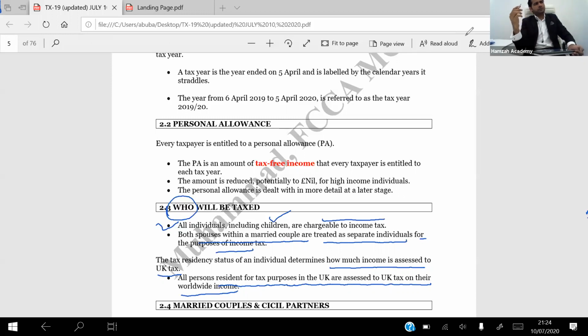But let me tell you why children have to pay tax. Remember I told you something about inheritance? Let us say a 13-year-old child has received a mansion from his father at his death, or his living father has gifted a huge mansion in central London to his 13-year-old son.